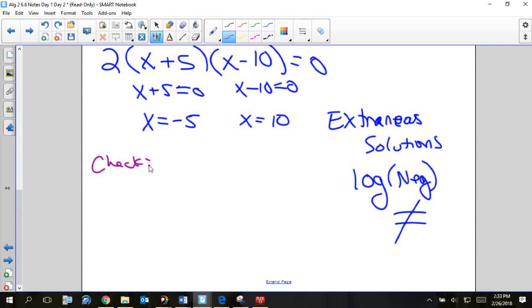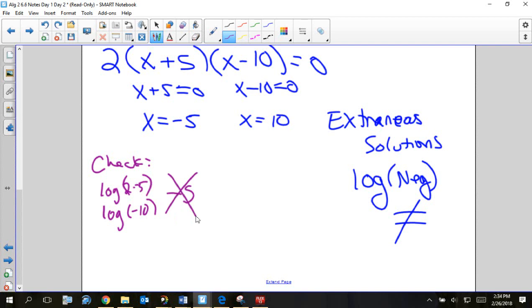What's our first answer? Negative 5. So I have log of 2 times negative 5. I'm going to stop right there, because when I do 2 times negative 5, I get log of negative 10. You can't do log of a negative number, so negative 5 doesn't work.